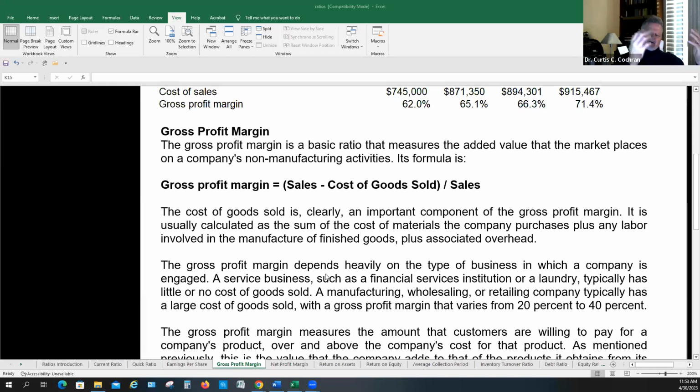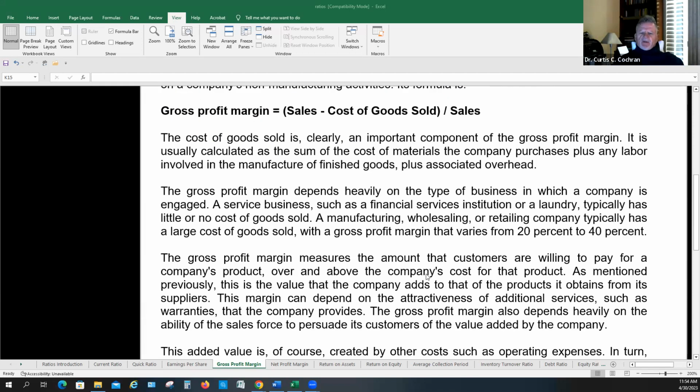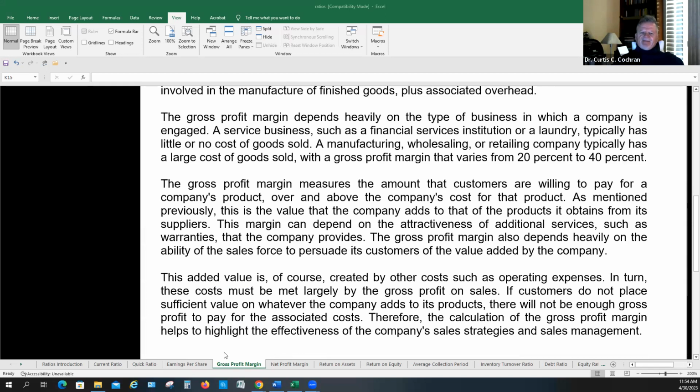Of course, these are some averages that we point out here at Cochran Consulting, from some of the businesses that we evaluate. The added value, of course, is created by other costs such as operating expenses. In turn, these costs must be met largely by the gross profit on sales.